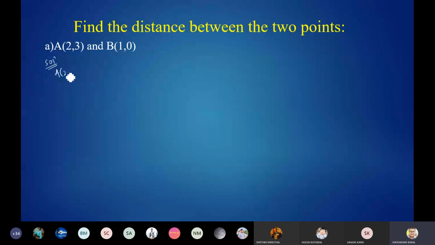To find the distance between these 2 points, let's suppose the first point is x1 comma y1. Let (2, 3) equal x1 comma y1, and (1, 0) is x2 comma y2. Okay. Let's suppose these are 2 points. This is A. You don't need to draw the figure. I'm just trying to make it clear what we are actually going to do.